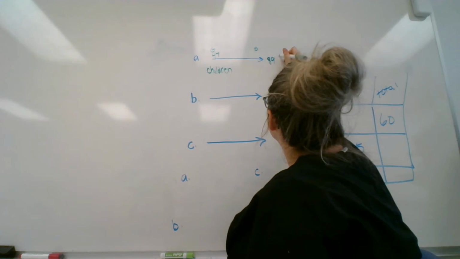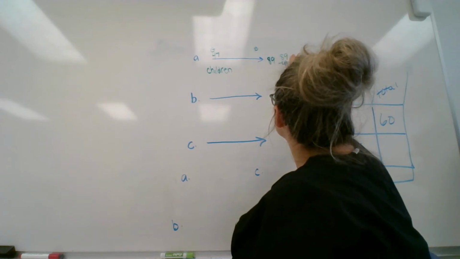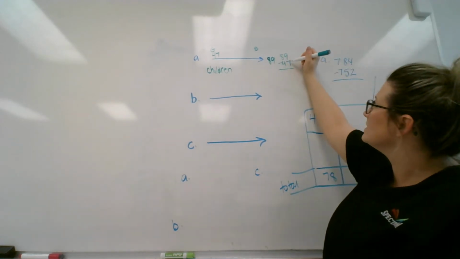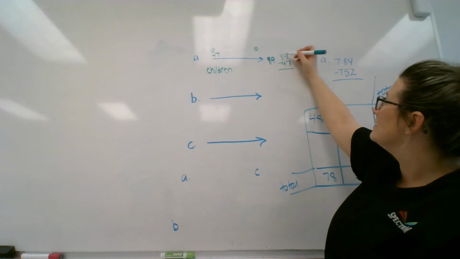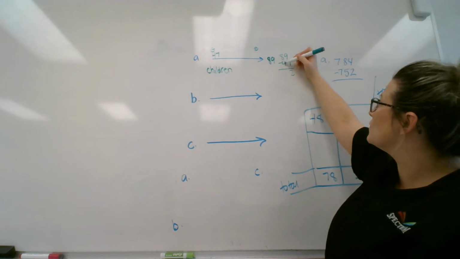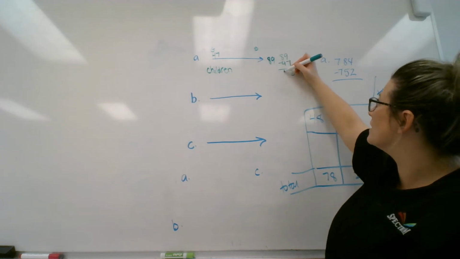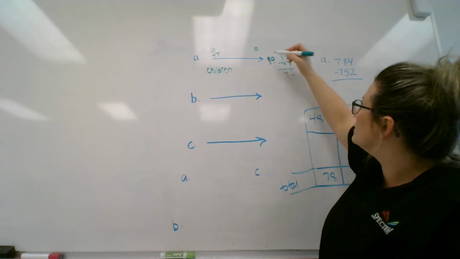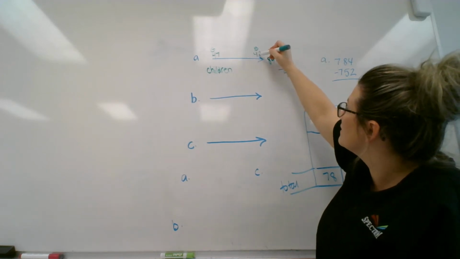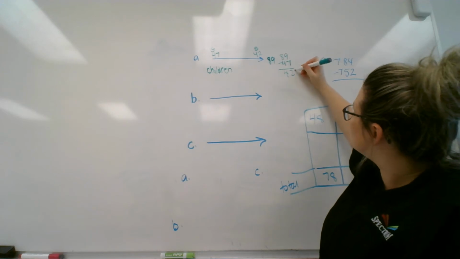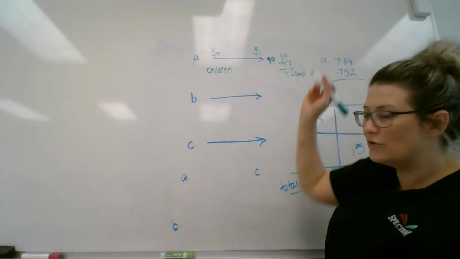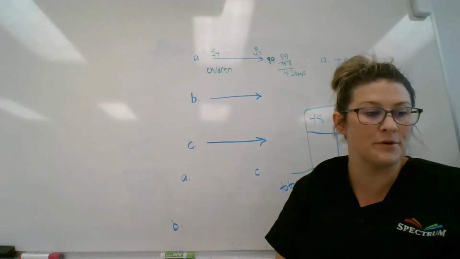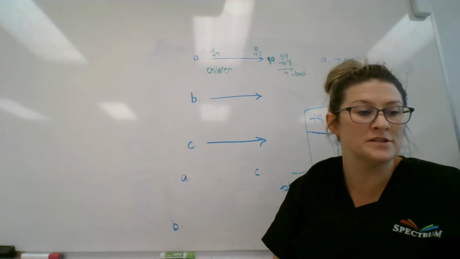So 89 minus 47. 7 minus 9, 2. 8 minus 4, 8, 7, 6, 5, 4. 42. So I'm going to plug that in here. And I had 42 boys. You know I love my labels. Don't forget the label.